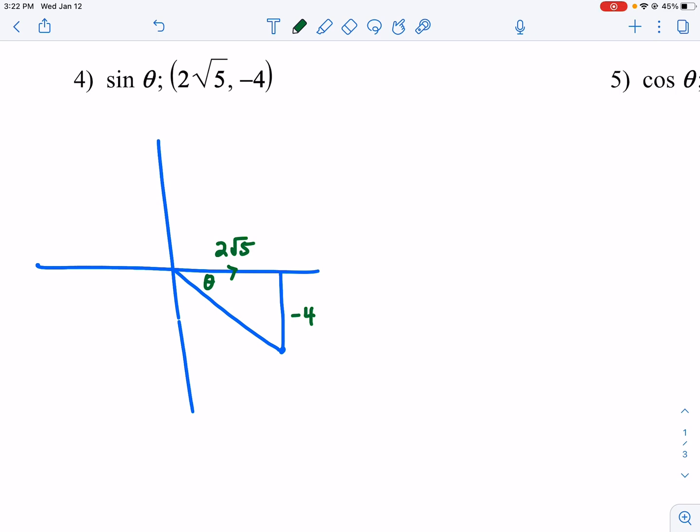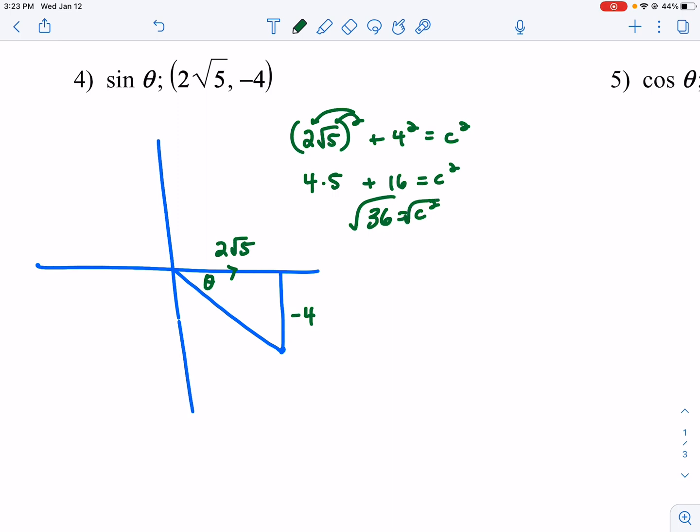With sine, I would also need the hypotenuse, so I'm going to do 2 radical 5 squared, and again, disregard the negative for that 4 squared. So this would be 4 times 5 because I square the 2 and drop the radical for the 5, plus 16 equals c squared. So 20 and 16 make 36. And once I take the square root, I get 6 equals c.